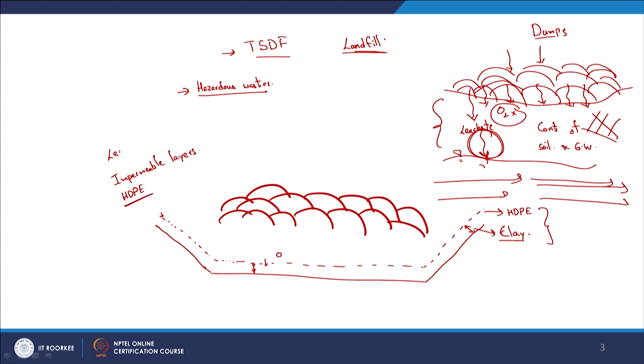We now have another term, a leachate collection layer or system, right. So let's say this is the side view, and these are the pipes, perforated pipes, and you are going to coat them with a geomembrane or geotextile layer. Why is that?